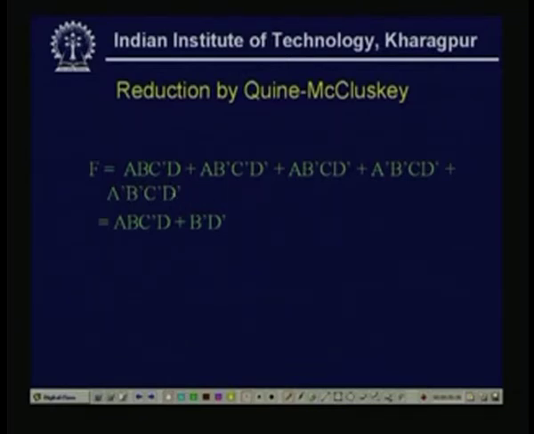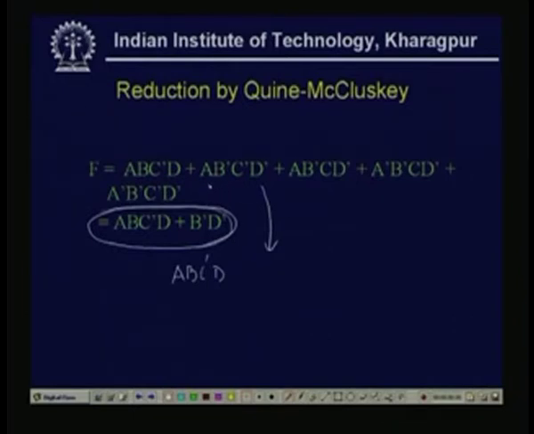If we keep the first term as it is, because there is nothing common, we forget about the result for now. So, this a b c' d we keep as it is, because there are many others where we can take the common terms.